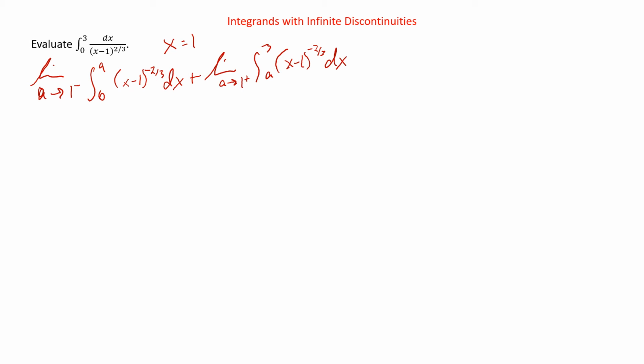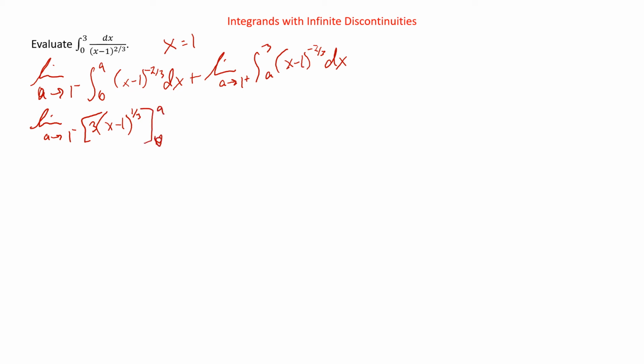So find the antiderivatives. We'll have limit as a goes to 1 from the negative side. We're going to add 1, which makes this x minus 1 to the 1/3, and then divide by the new exponent, which is 3.